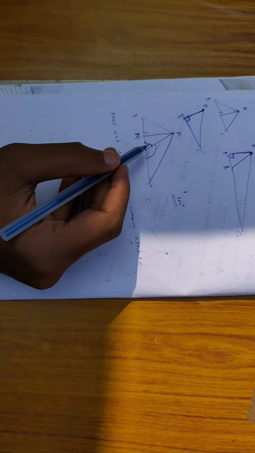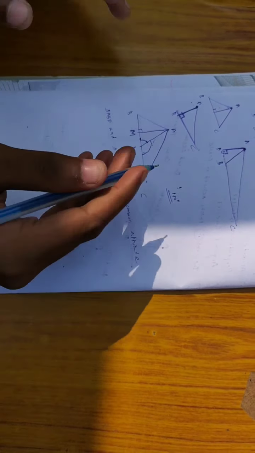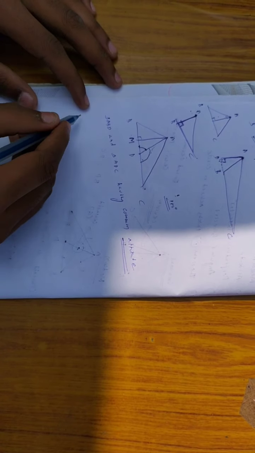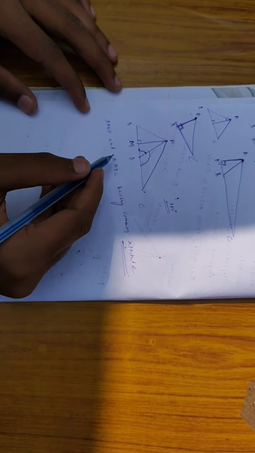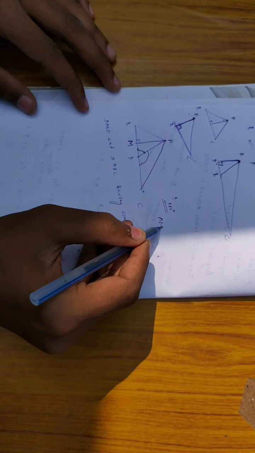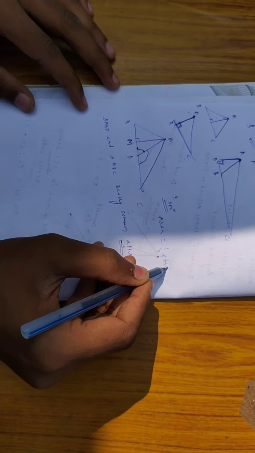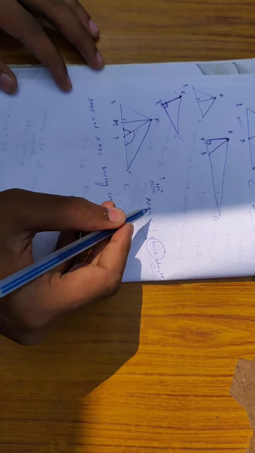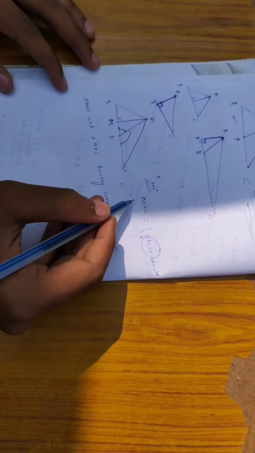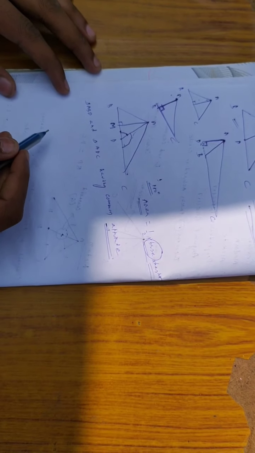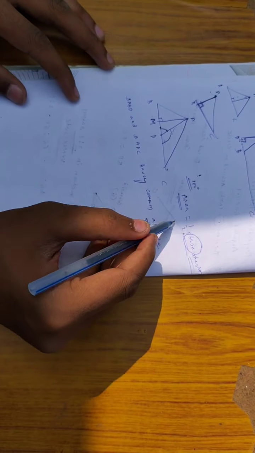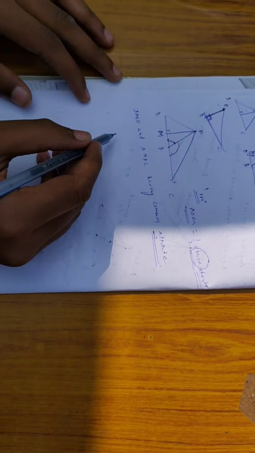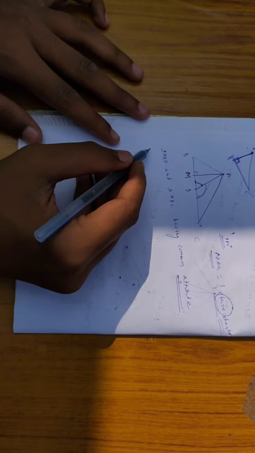Since they have the same altitude, we can tell the area as half base into height. When the height is the same, the area depends on base, and the area is proportional to base. So the ratio of areas will be the ratio of their bases. Let us discuss it clearly.